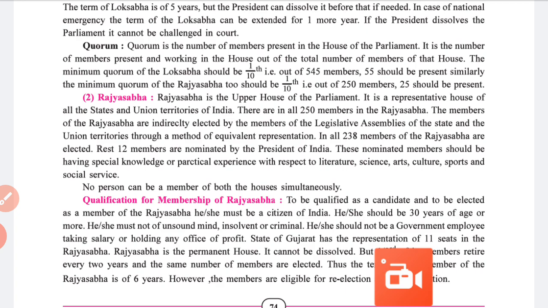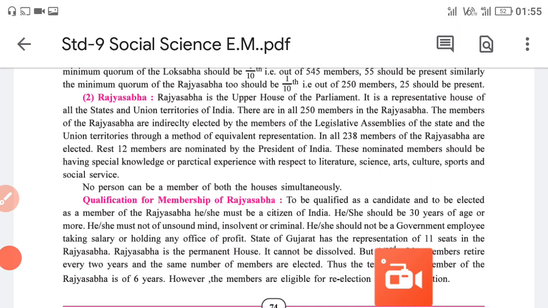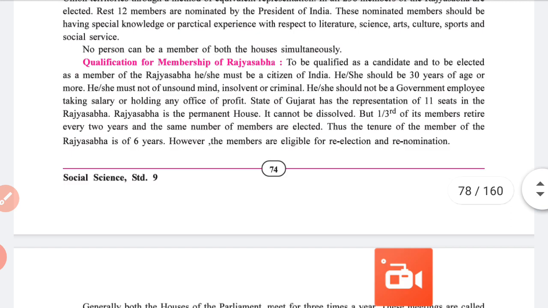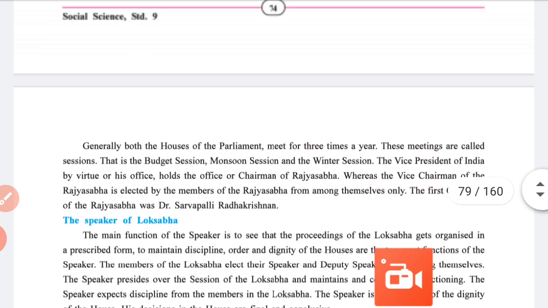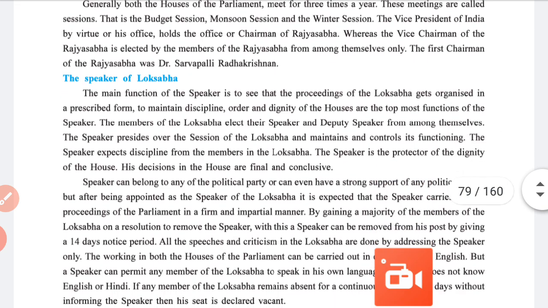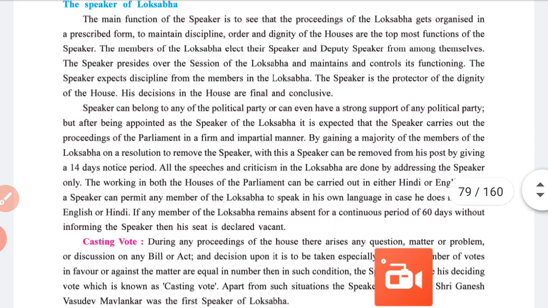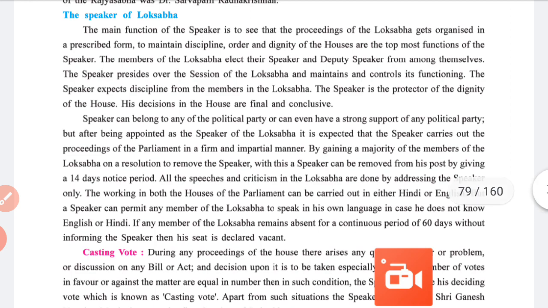Okay, take your time and read one time only, please. Okay, done. So now we start the topic Speaker of Lok Sabha.